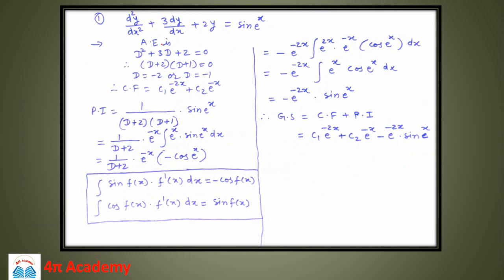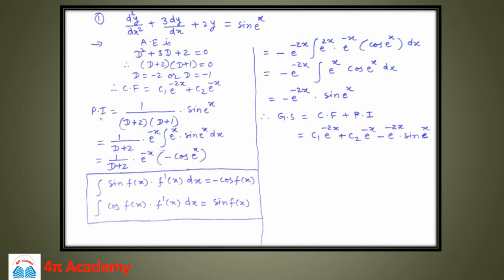Now the auxiliary equation is D square plus 3D plus 2 equals 0. By factorizing this we get D equal to minus 2 or D equal to minus 1. We know how to write the complementary function, which we have seen in the earlier lecture. Here the roots are real and different, so it will be c1 into e raised to power minus 2x plus c2 into e raised to power minus x.